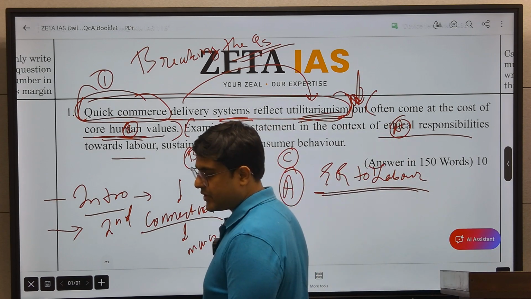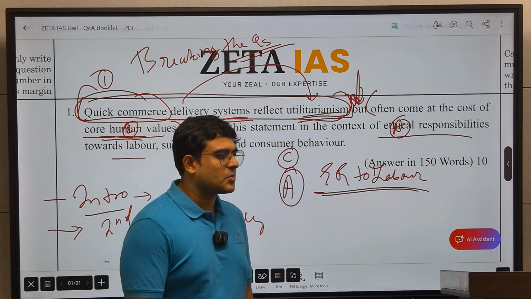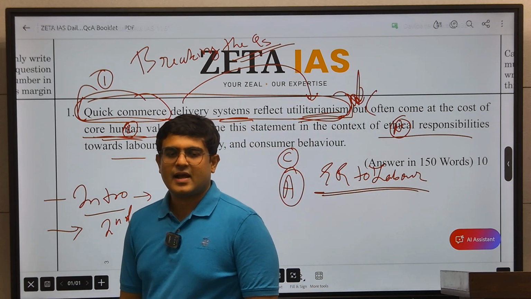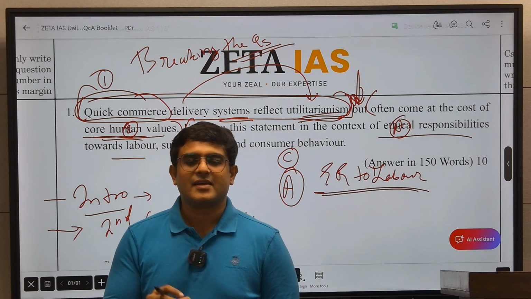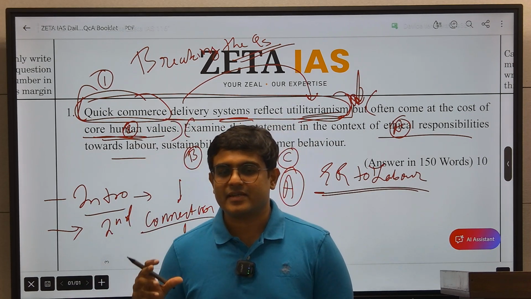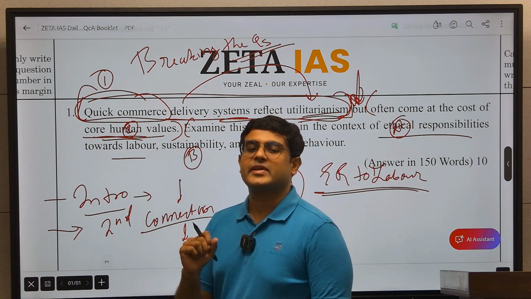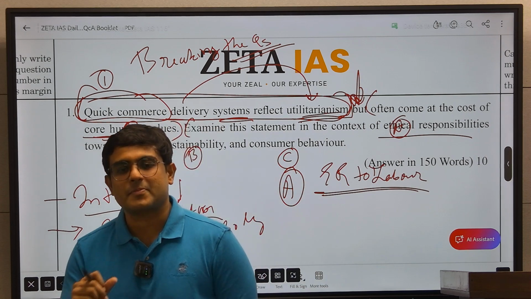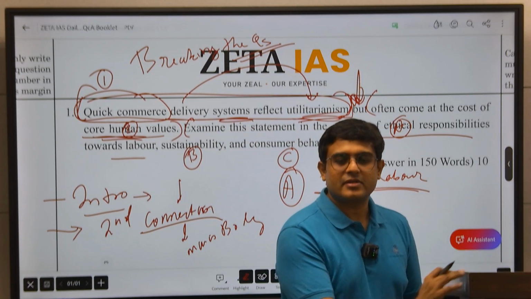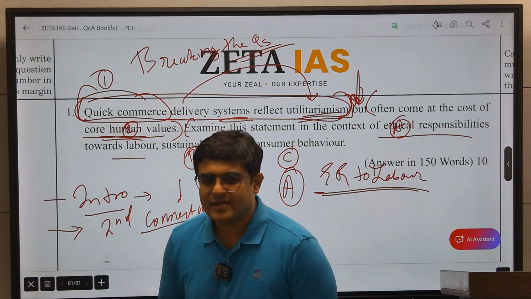Now the corporates or the employing agency and the consumers have a responsibility towards labor, and that responsibility is having a dignified workplace, dignified interaction with the people, dignified interaction with the employer, fair wages, social security, safe working environment. This gets compromised in the quick commerce delivery system. Hardly there is any interaction between the employer and the delivery agent.